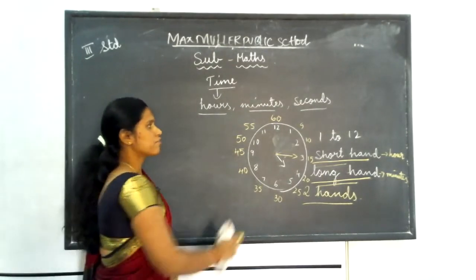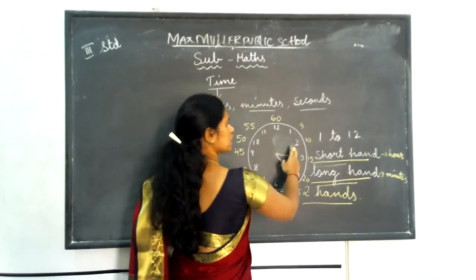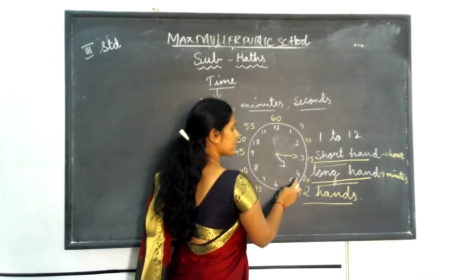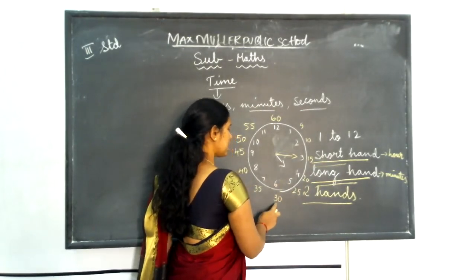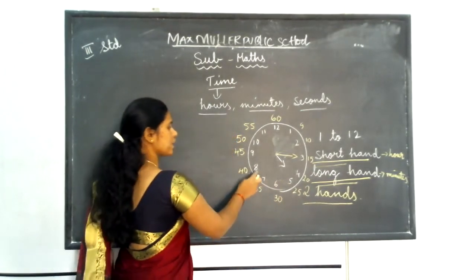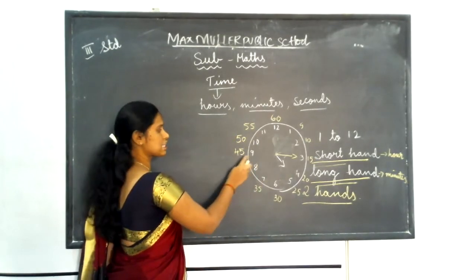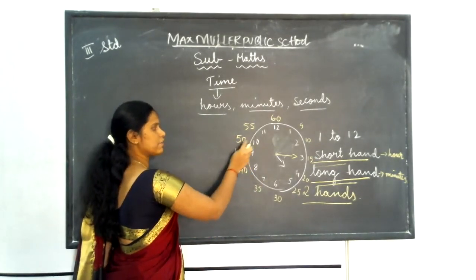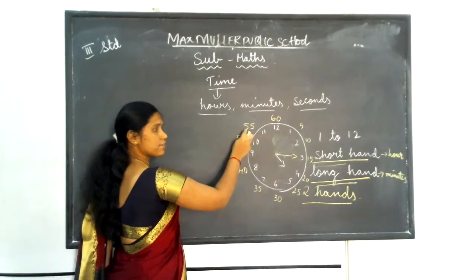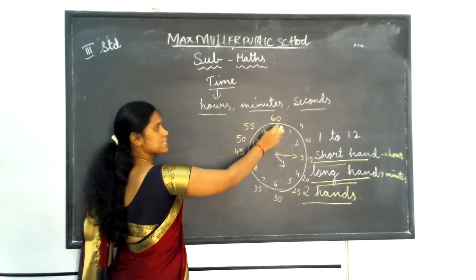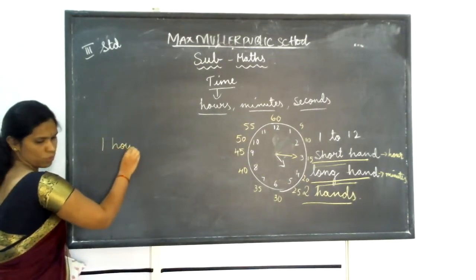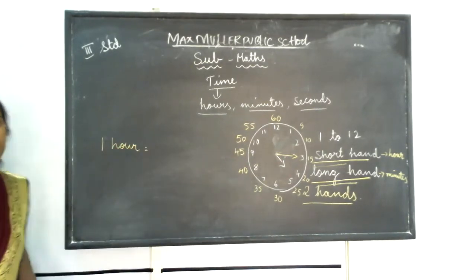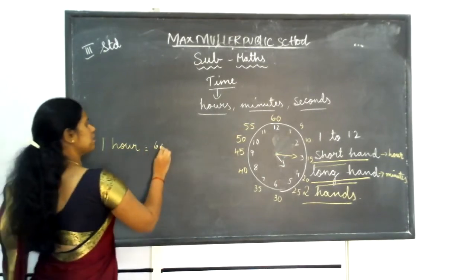5 tables. 5 ones are 5, 5 twos are 10, 5 threes are 15, 5 fours are 20, 5 fives are 25, 5 sixes are 30, 5 sevens are 35, 5 eights are 40, 5 nines are 45, 5 tens are 50, 5 elevens are 55, 5 twelves are 60. 1 hour is equal to how many minutes? 60 minutes.